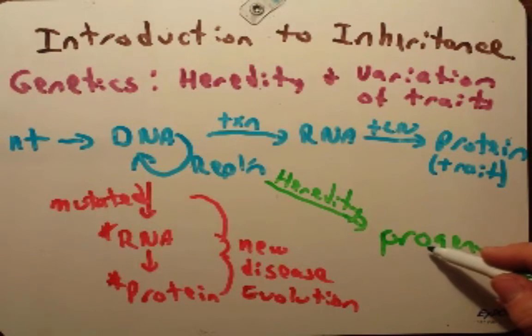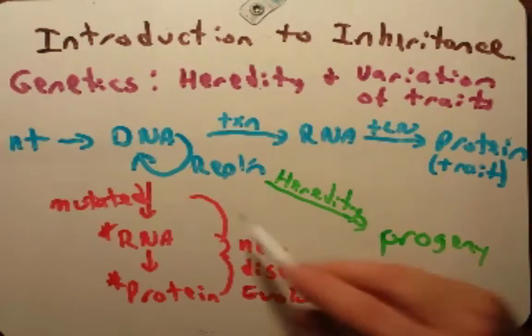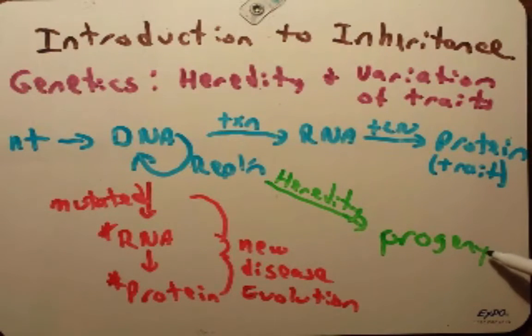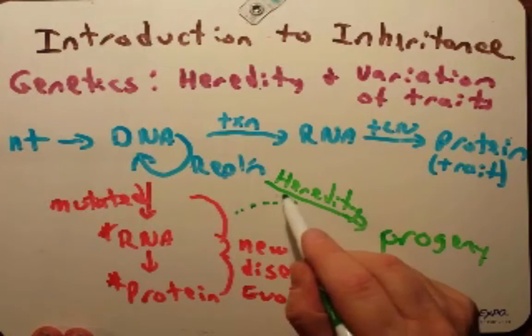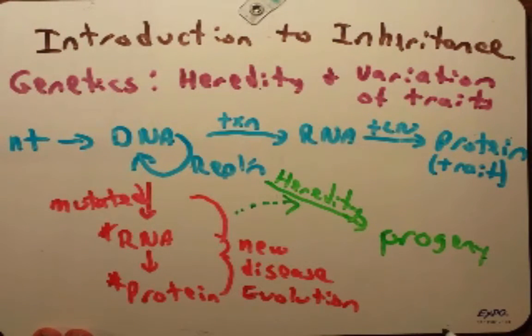And how these progeny, having this DNA from their parents, will have traits similar to their parents. But we'll see not exactly like their parents, but similar. And how when these mutations occur, how that affects heredity and ultimately the progeny.